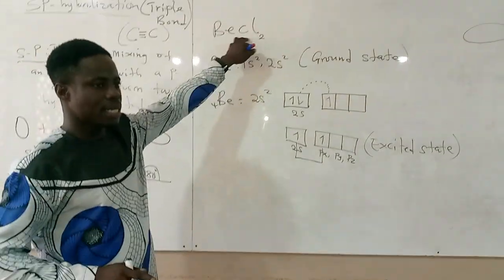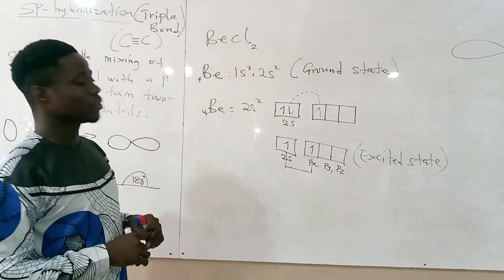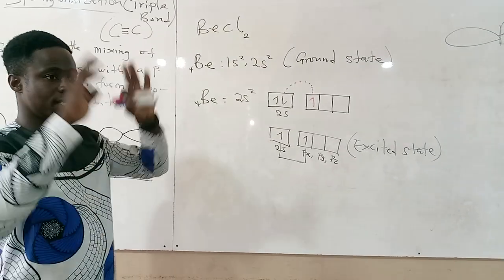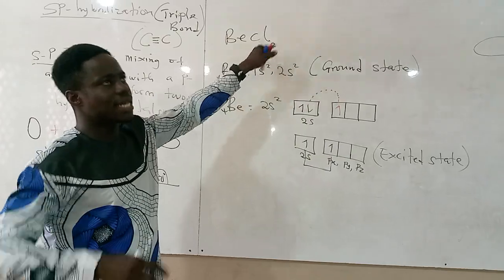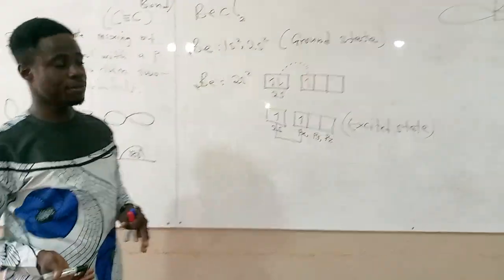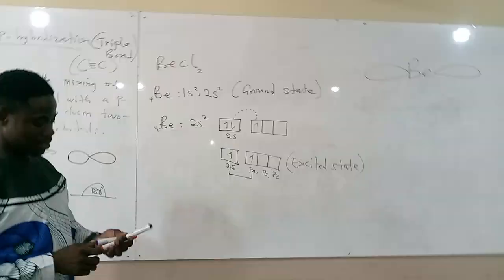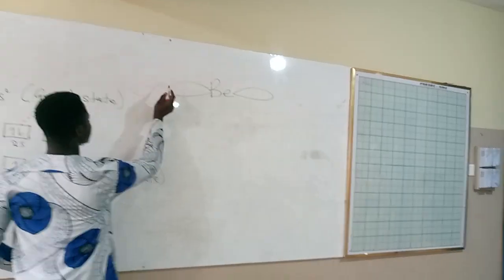So the question is, chlorine on the periodic table, we know chlorine belongs to group 7. Or in modern periodic chemistry, we say it is in group 17. So with that, we can see clearly that it is in the P block. And all P block elements are down beryllium.